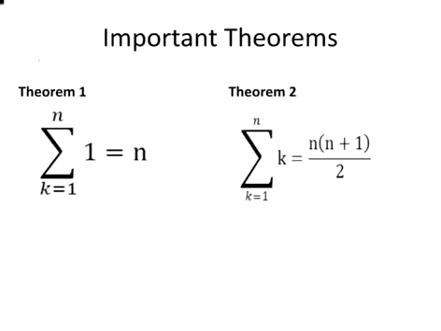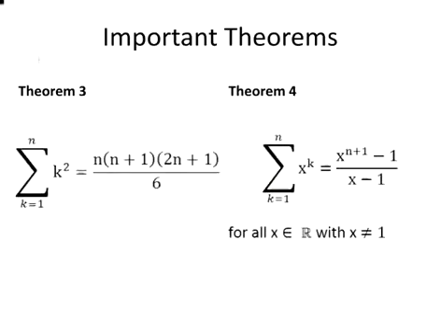Before we begin, we should remind ourselves of some very important theorems that we're going to use. For example, theorem 1: the summation of the constant value 1, n times, will give us n. The summation of k, where k increments from 1 to n, is given by that expression there.